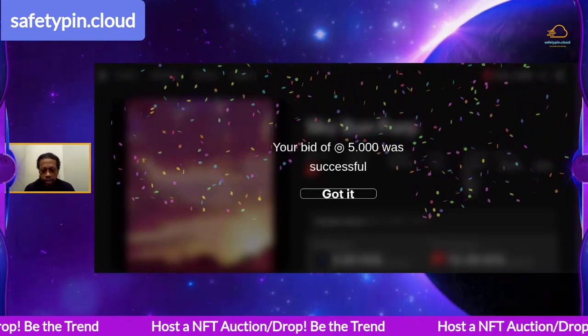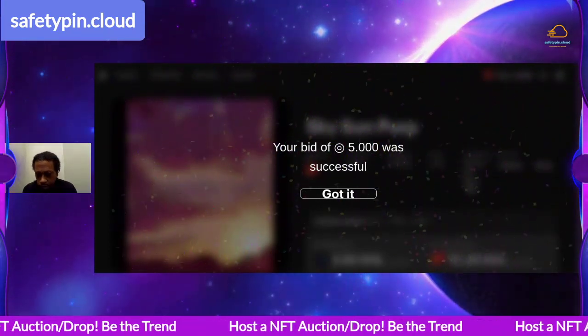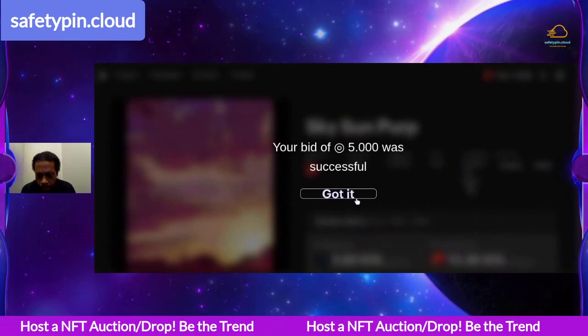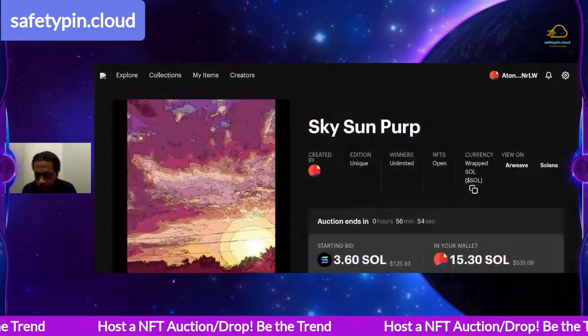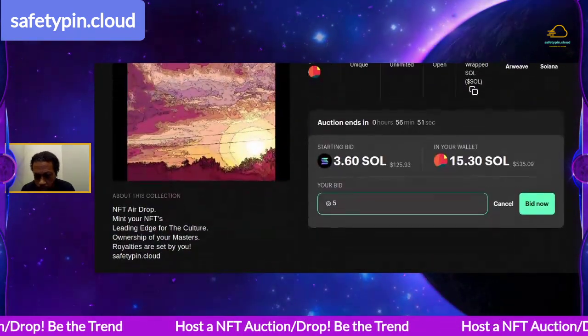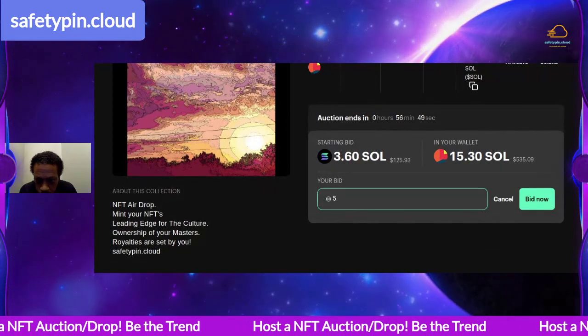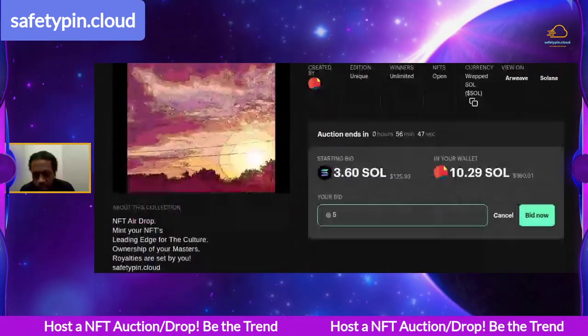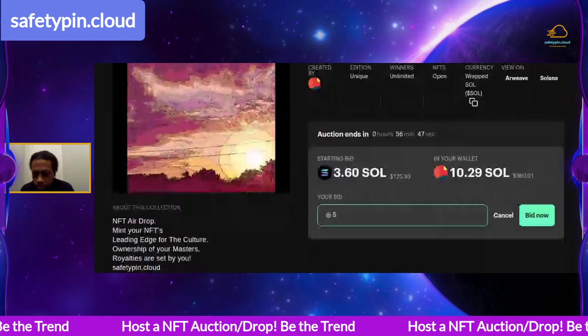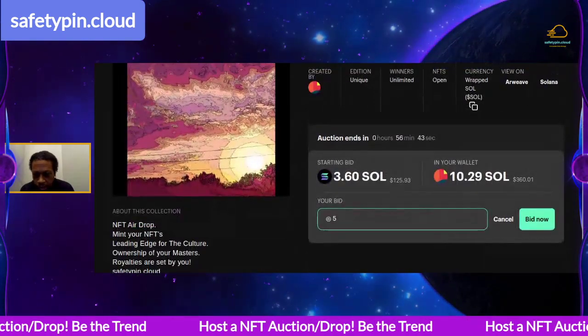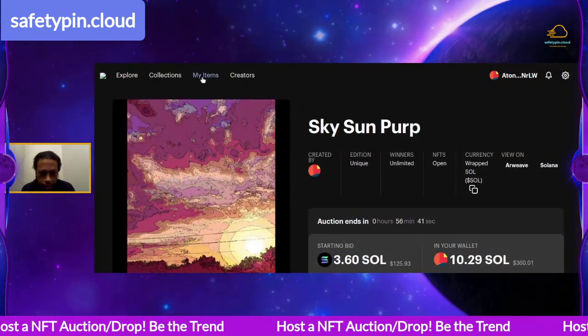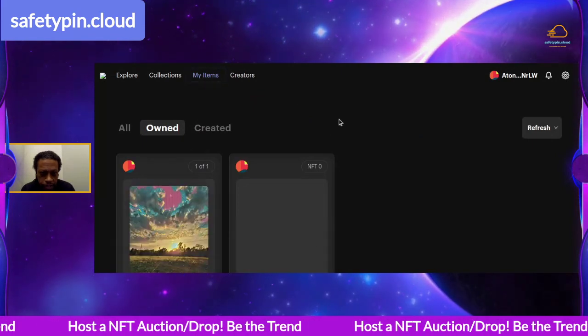And now it shows that I purchased it. So we go back and we'll look here, and it will show that it is sitting there. At the end of the auction, we'll come back and show that I have purchased that particular one, and it is in there in my items.